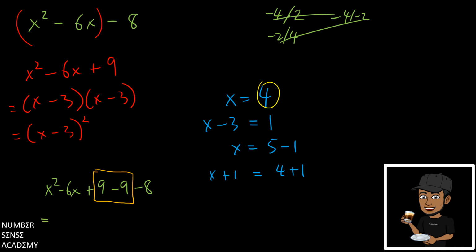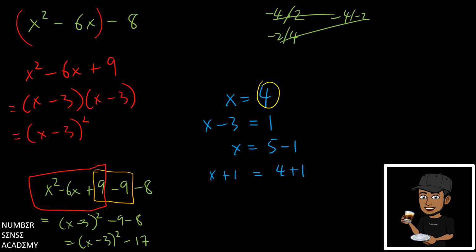If I block off the values that belong to the product, it's just going to be this part. So let me actually factor it. I'm going to end up with x minus 3 squared minus 9 minus 8, which is x minus 3 squared minus 17. So now you already see that this is starting to look like what we're talking about with y equals a times x minus h squared plus k. This would be our k, and this would be our h.